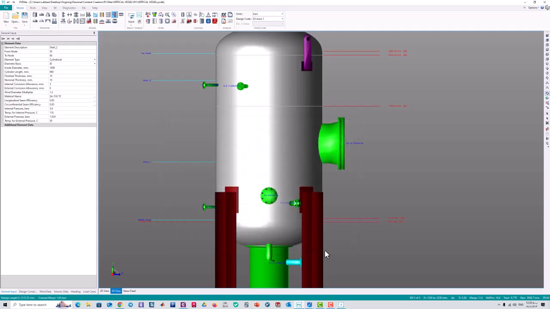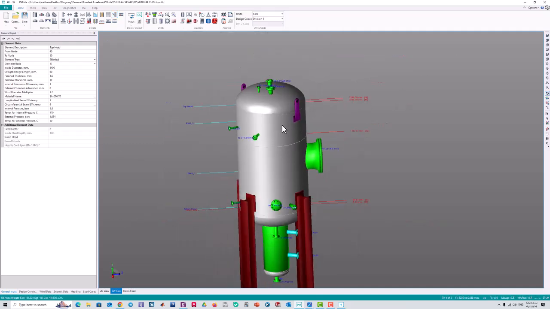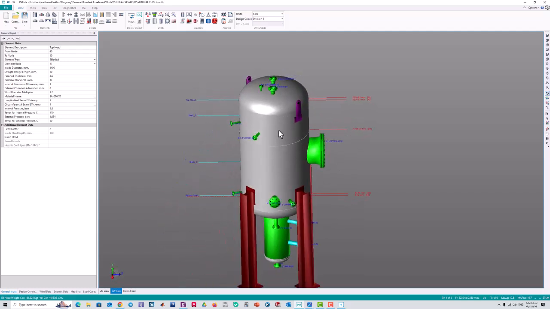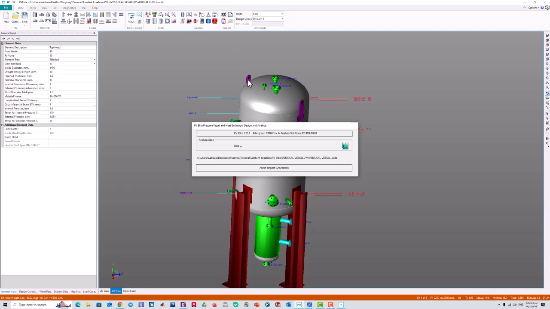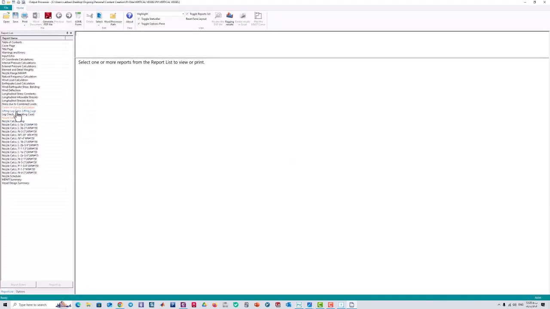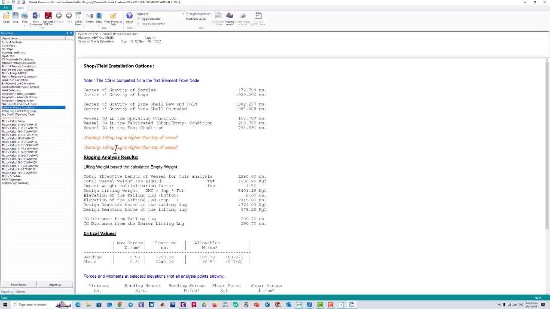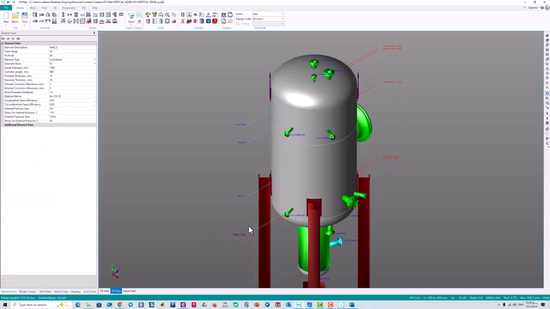And click OK. Click run the analysis. There is a warning: lifting lug is higher than top of the vessel.